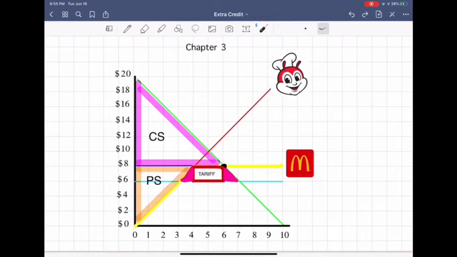In chapter 3, we have the tariff. A tariff means taxes imposed on imported goods. In this case, the government will impose a $2 tariff on each fried chicken McDonald's sells. That pushes their supply curve up to the $8 price level, because they need to add more money to pay the government.